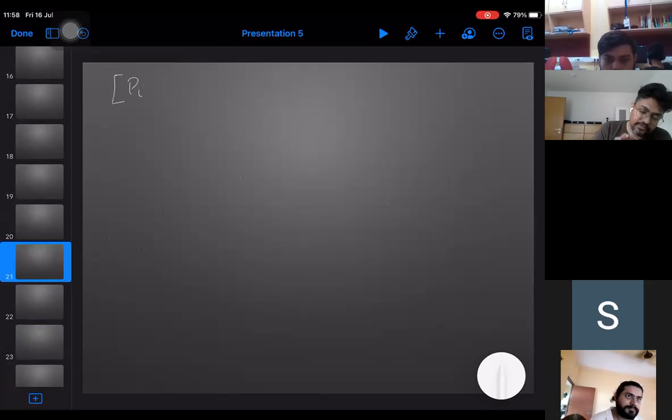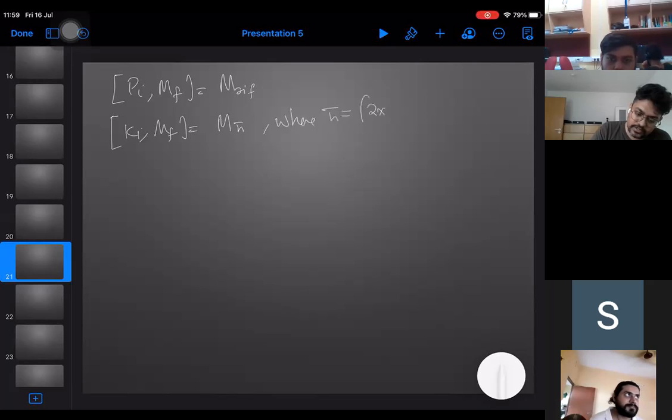I'm only writing between the MF; what you have is basically given by this, and your KI with MF is some value H, where your H bar is given by this square del I phi. The Gij also will act on it.